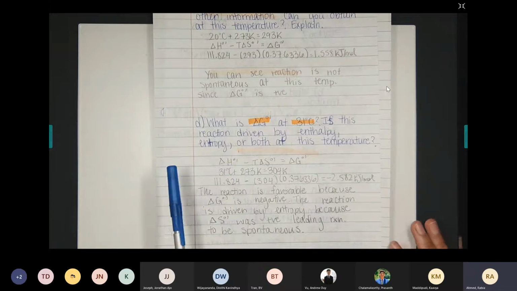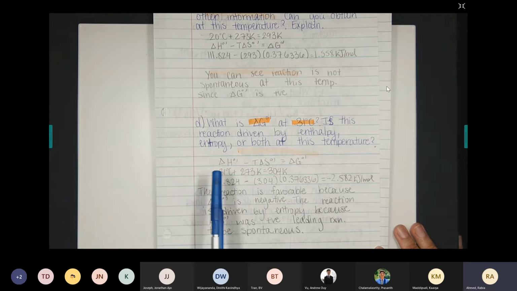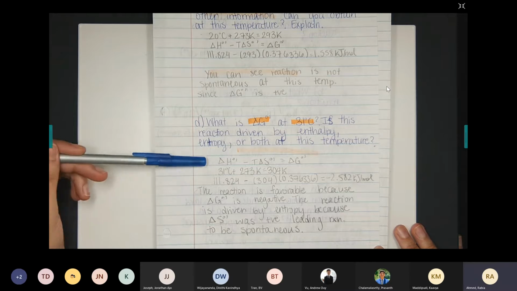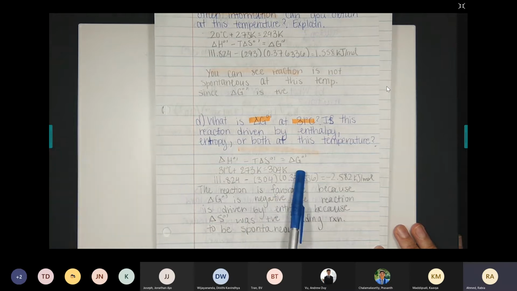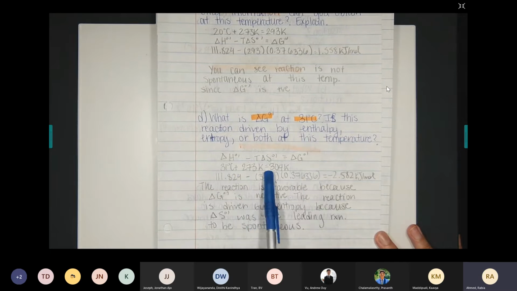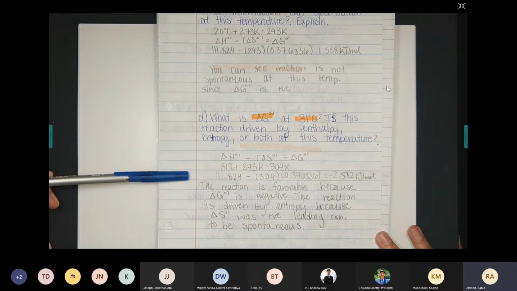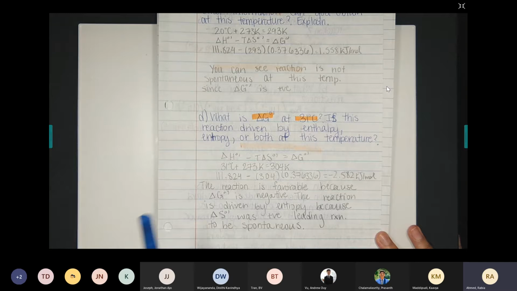Moving on. So for 5D, what is change of G at 31 degrees Celsius, and is this reaction driven by enthalpy, entropy, or both at this temperature? So I use change of H minus T times change of S equals change of G. So it's going to be 31 degrees Celsius, and you're going to convert that into kelvins by adding 273, which equals 304 K. So then you do 111.824, which you got from the previous problem, minus 304 times 0.376336, which equals negative 2.582 kilojoules per mole.